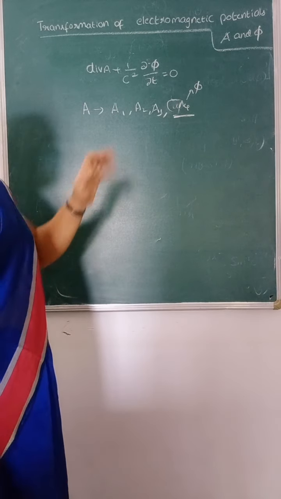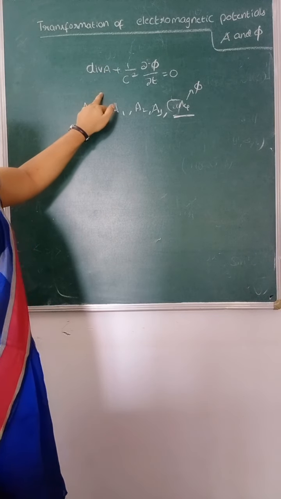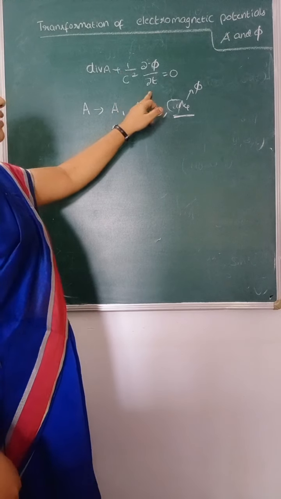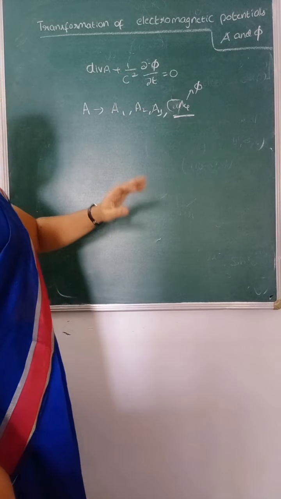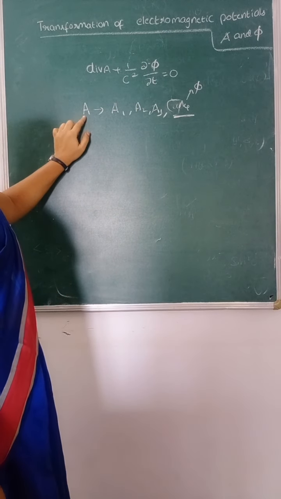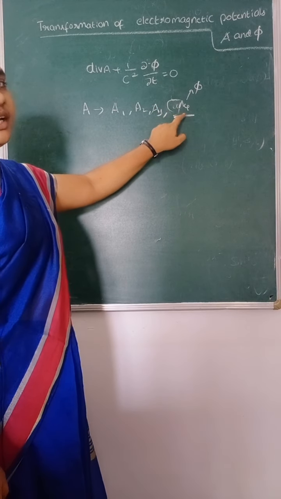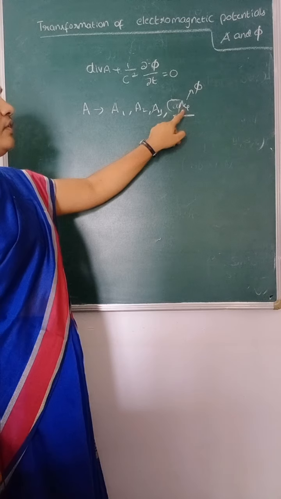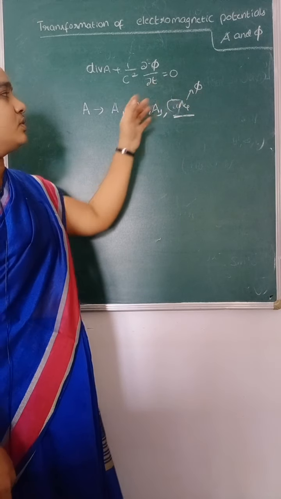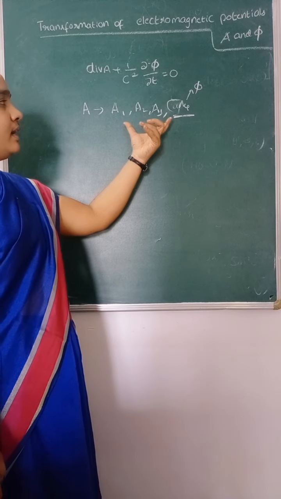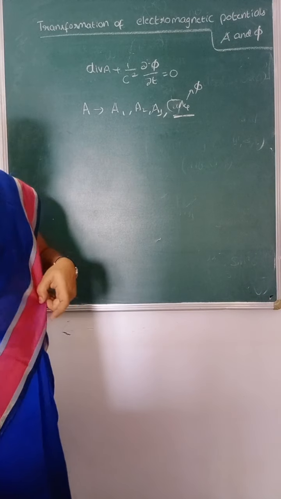First we take the Lorentz condition, which has both terms A and phi. Here A is the 3 vector, and we have added a fourth component called A4, which is in terms of phi, so that A and phi are grouped together. We will find out a 4 vector.